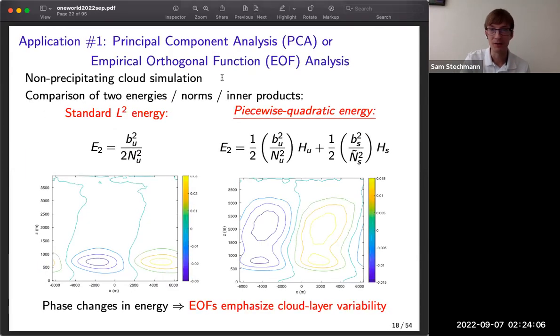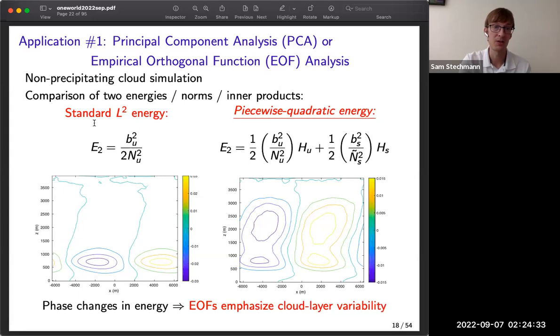After having found this, we started thinking about what we can use it for. A first application that comes to mind is principal component analysis, or EOF. This is an example where we ran a large eddy simulation of non-precipitating boundary layer clouds, and we want to compare the EOFs under a couple of different cases.